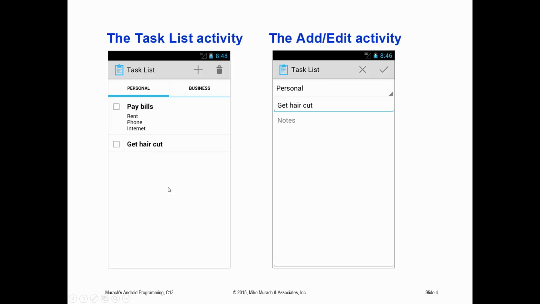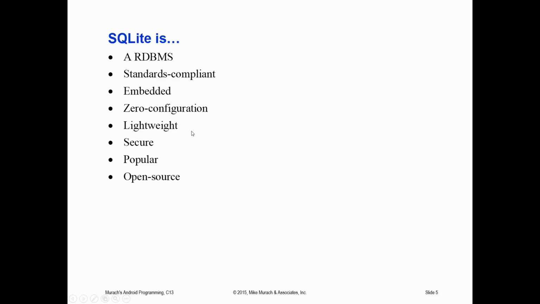So this is the app that we're going to create. It'll take our stuff and basically break it into 2 different categories: personal tasks and business tasks. So the author says here, when the app starts, the task list activity will display a list of tasks where each task has a checkbox that indicates whether it has been completed.